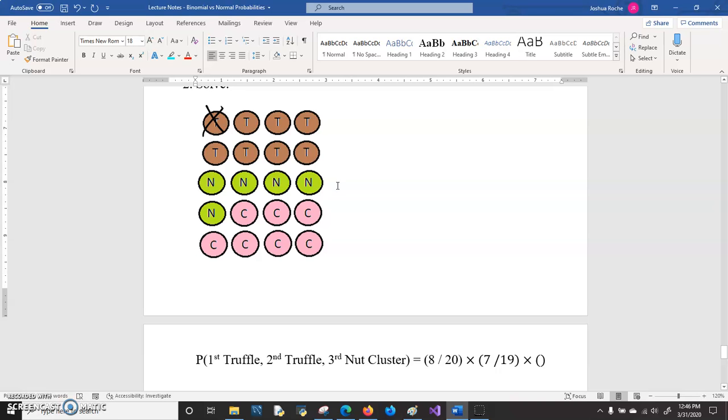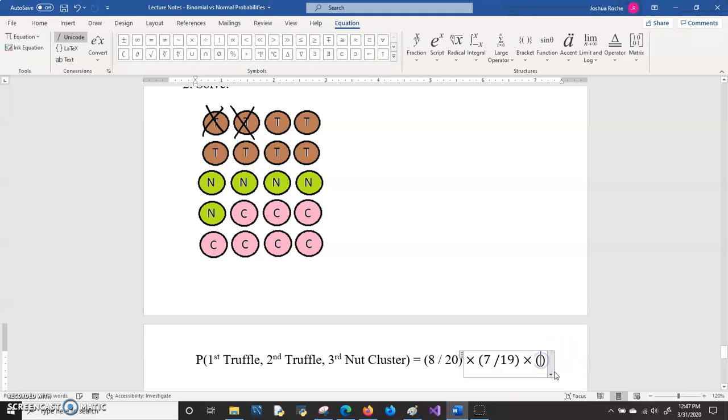So we've selected 2 truffles so far. There are only 18 chocolates left over now. So the chances that the last chocolate is going to be a nut is going to be 5 out of 18. There's 5 nuts left over, and there are 18 chocolates to choose from. So 5 out of 18.